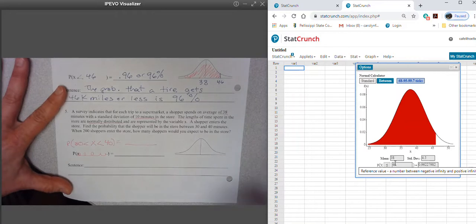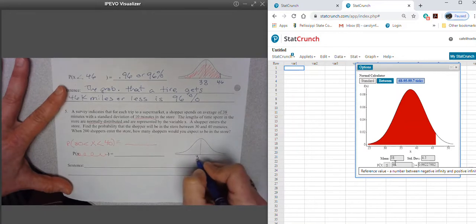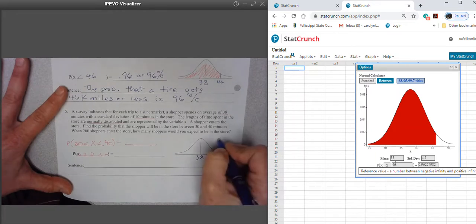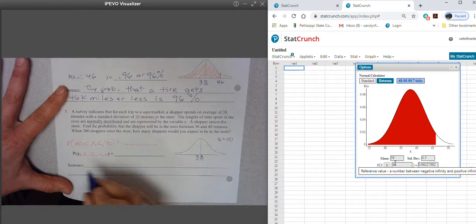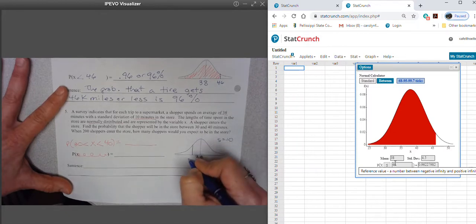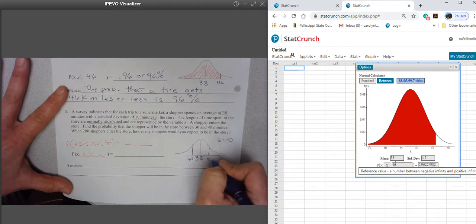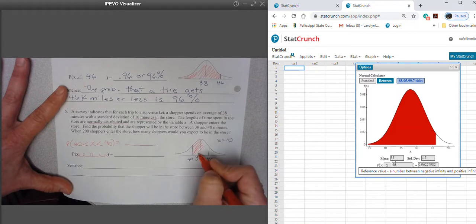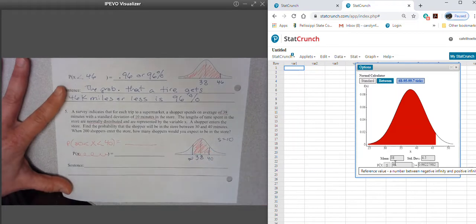So we're told that the average is 38 minutes, and the standard deviation is 10. And we are asked about a between problem, so between 30 and 40. So 30 is going to be down here somewhere, 40 is going to be up here above average somewhere, and we're needing this area. So if we can find this area in between these two values, that corresponds to the probability.